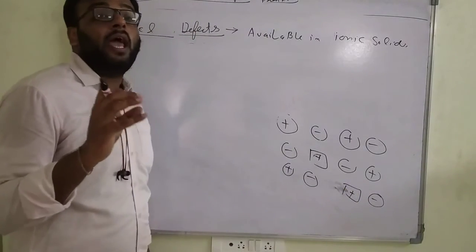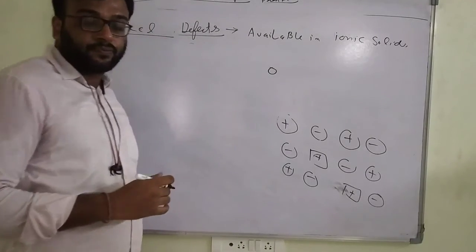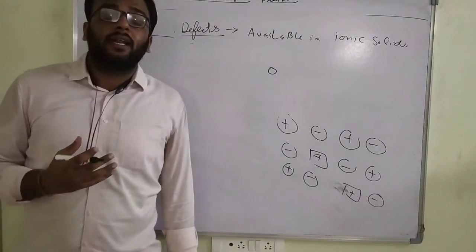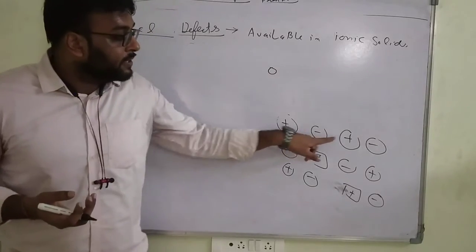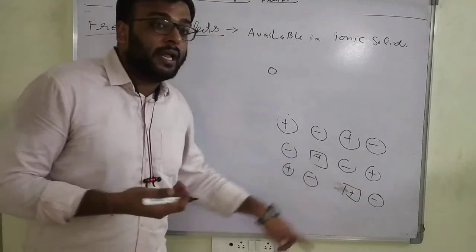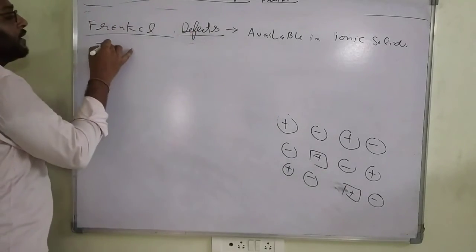Suppose what happened? In a general way, cation has a smaller size. Due to its small size, it can move. It can slip from over here to here, here to here, any kind of place. So what happens in this type of defect?